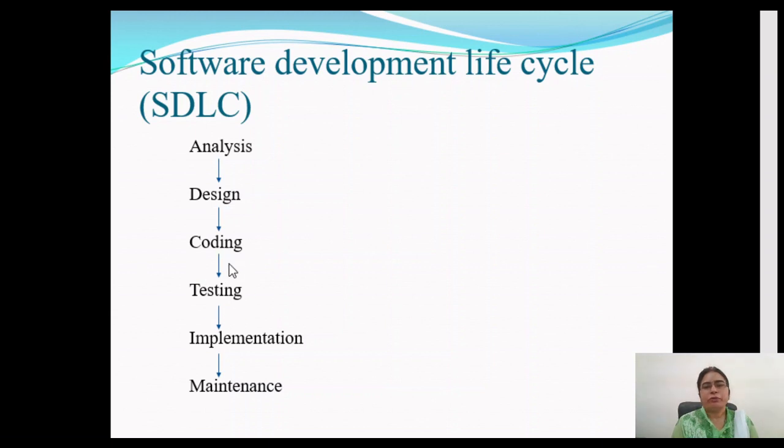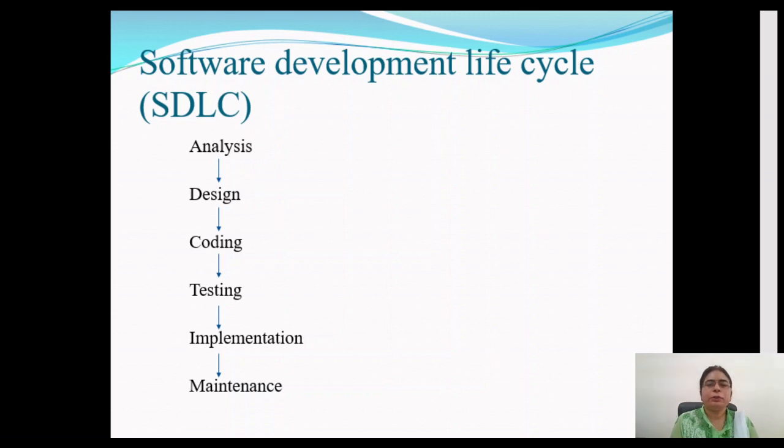Then we test the software. Now what is the purpose of this testing? We test whether the requirements of the user are fulfilled or not. So we check the functional requirements and we check whether the code is working properly or not. For that, we generate test cases. By test cases, we mean that we provide some inputs and we know what the output of the program should be.